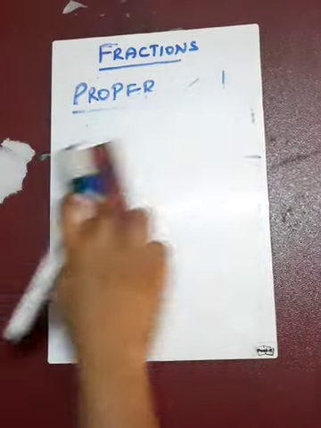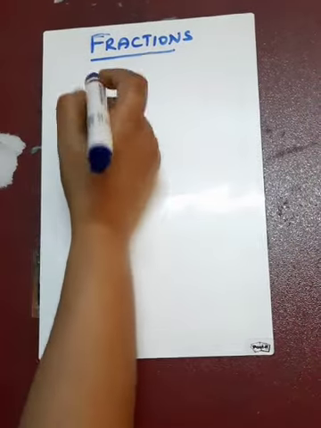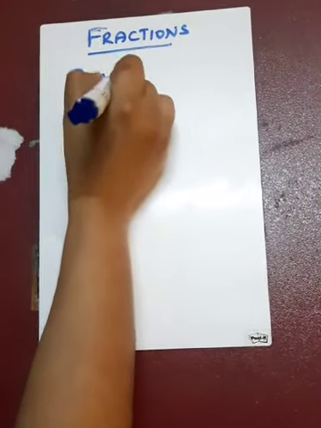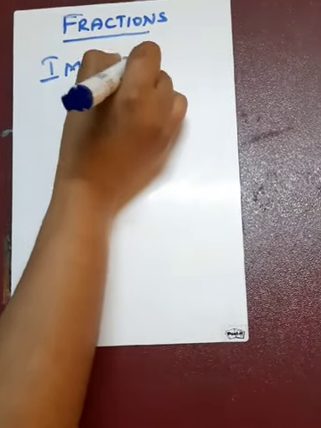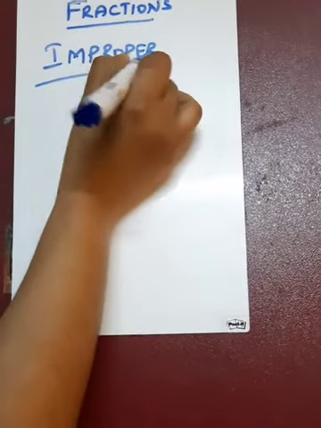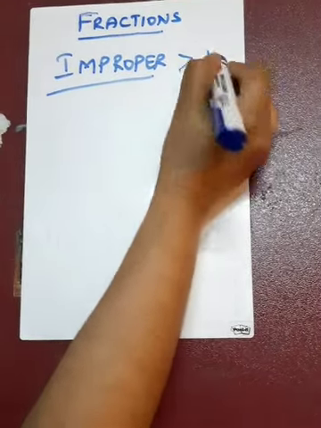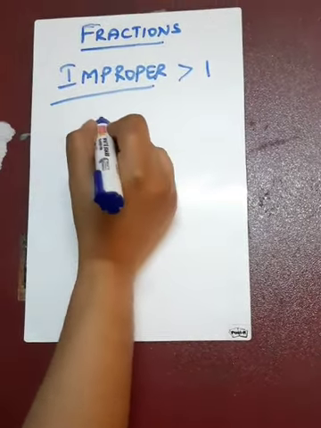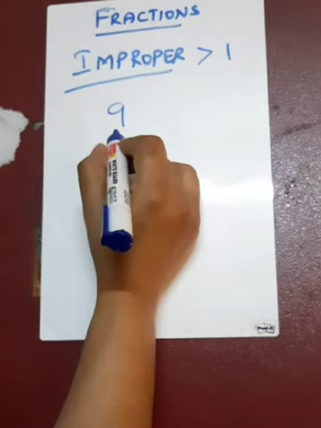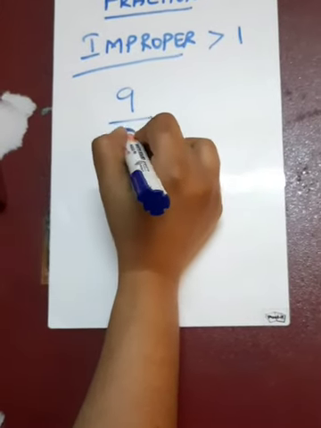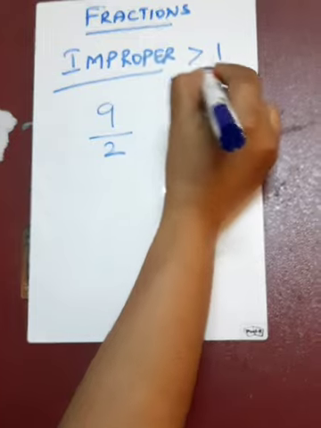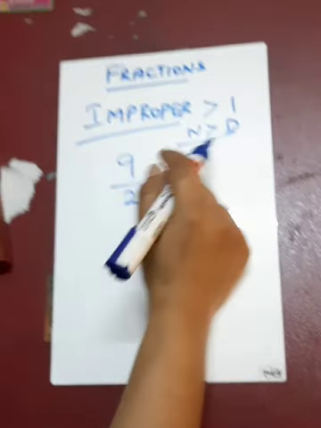Now, when will the fraction be greater than 1? In the case of an improper fraction. An improper fraction is nothing but you will be having more than 1. It will be greater than 1. For example, I'm taking 9 by 2, where the numerator is greater than the denominator.